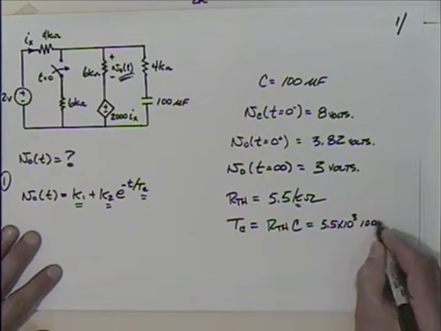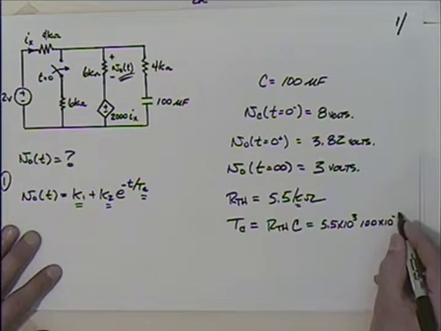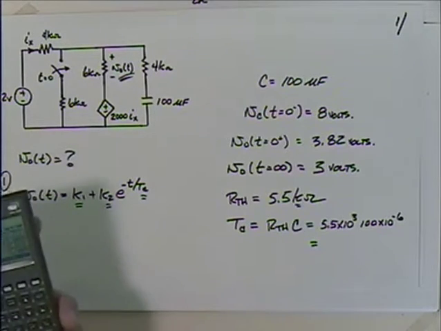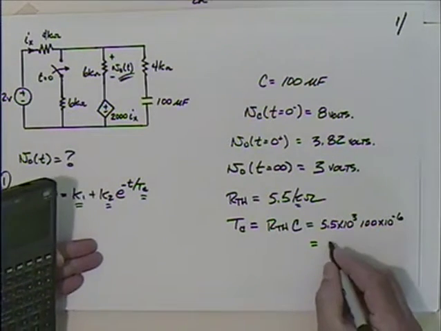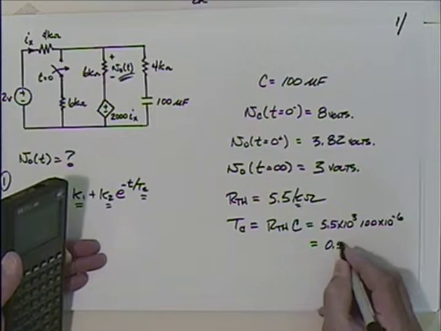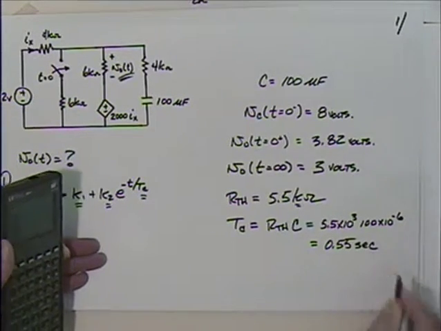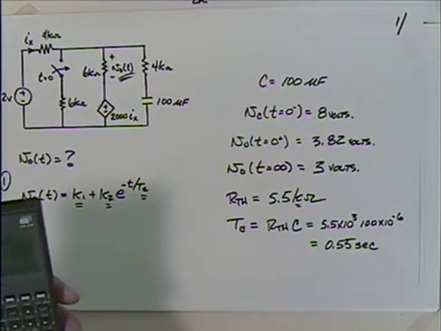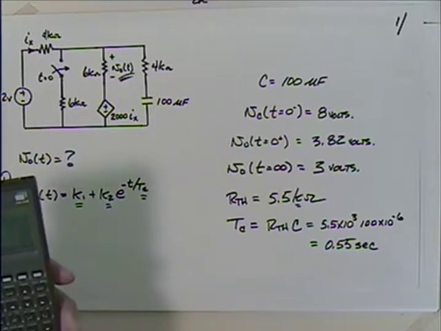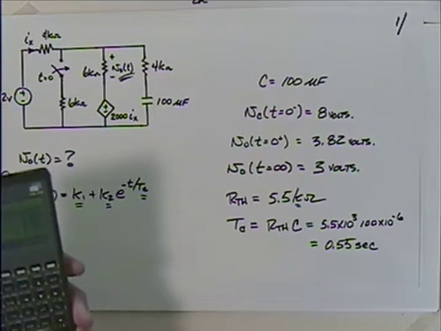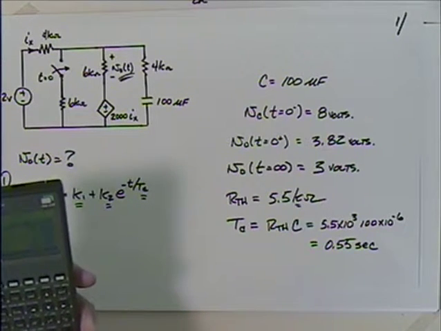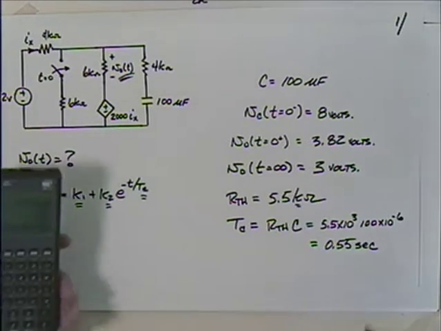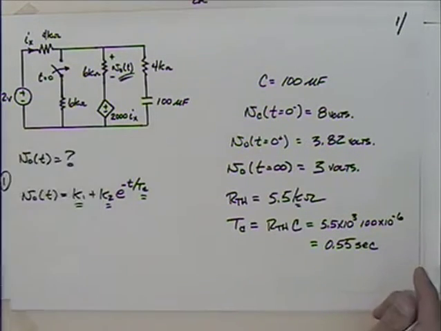Microfarads. 100 times 10 to the minus 6. So that turns out to be equal to, what, 0.55? Is that right? Seconds. Let me double check that. Yep. Okay, so we're good with that.